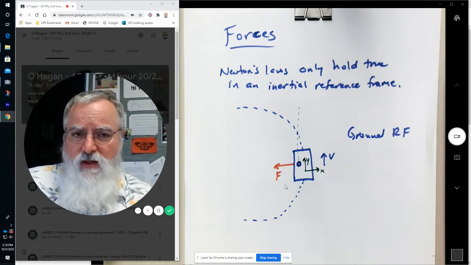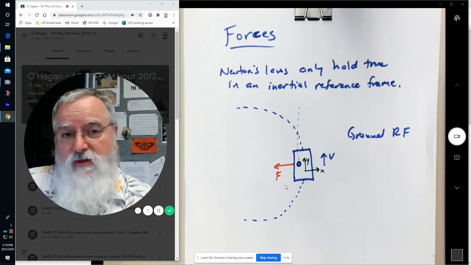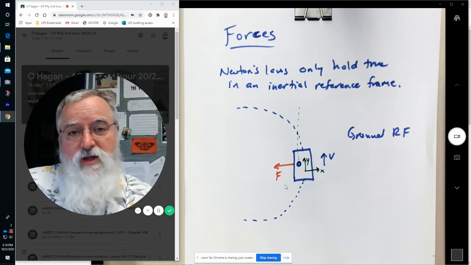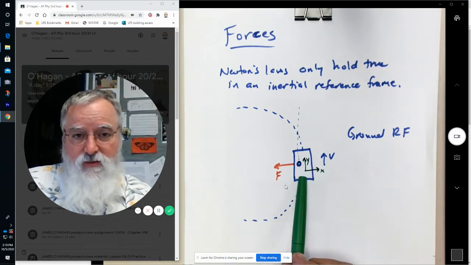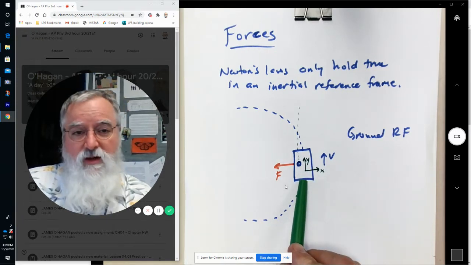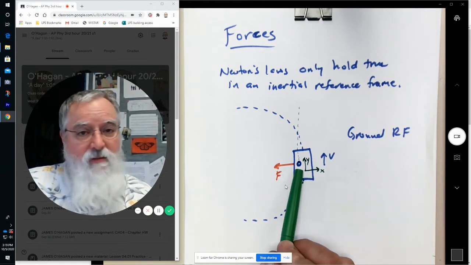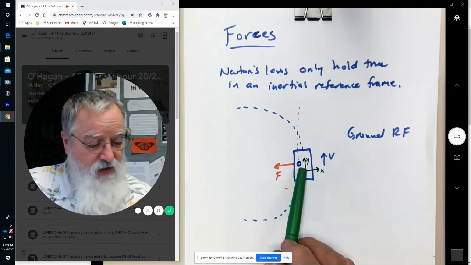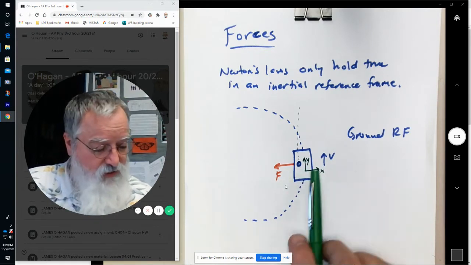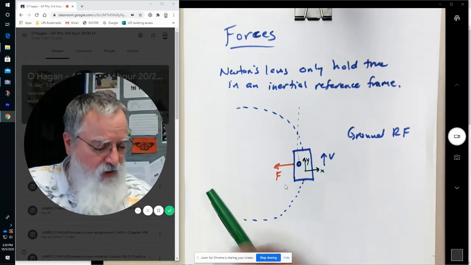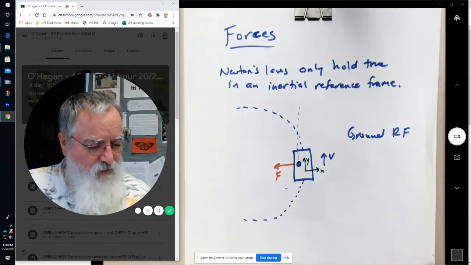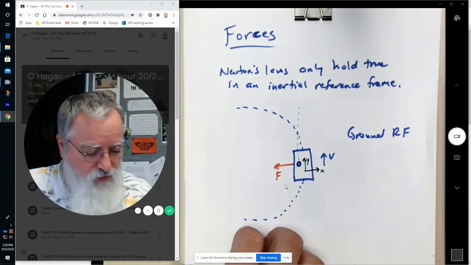You push something, and if it's a net force, if it's an unbalanced force, it will cause the object to accelerate. In this non-inertial reference frame, this accelerated reference frame, I'm getting an object I'm not pushing, and it's accelerating. It's changing directions. It's basically going woo, through the car. So for Newton's laws, first thing to remember, they only hold true in inertial reference frames.